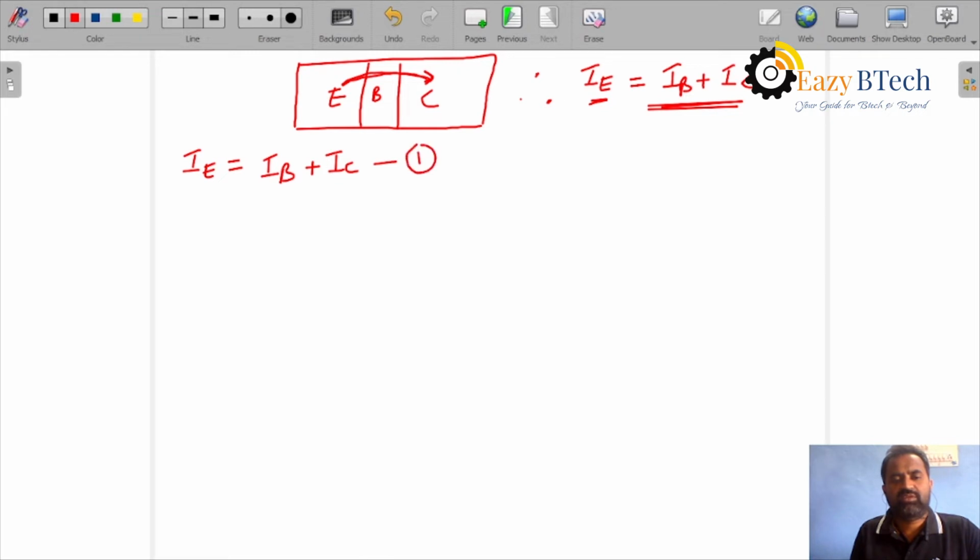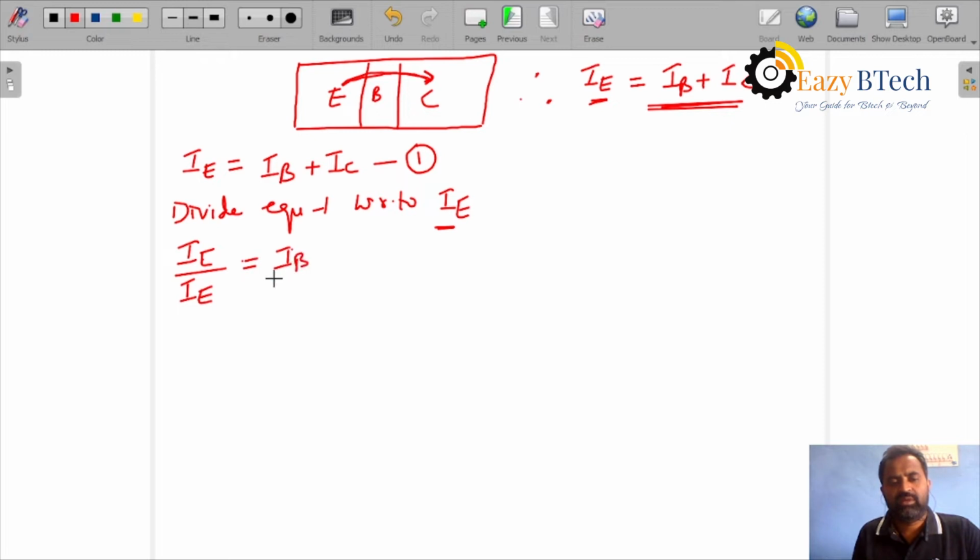Let's assume this as equation 1. Now divide equation 1 with respect to IE. Then what do we get? IE by IE is equal to IB by IE plus IC by IE. So 1 is equal to IB by IE plus IC by IE.